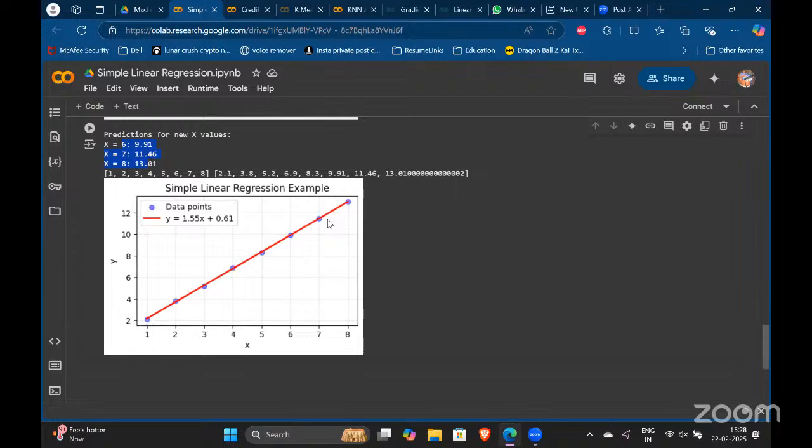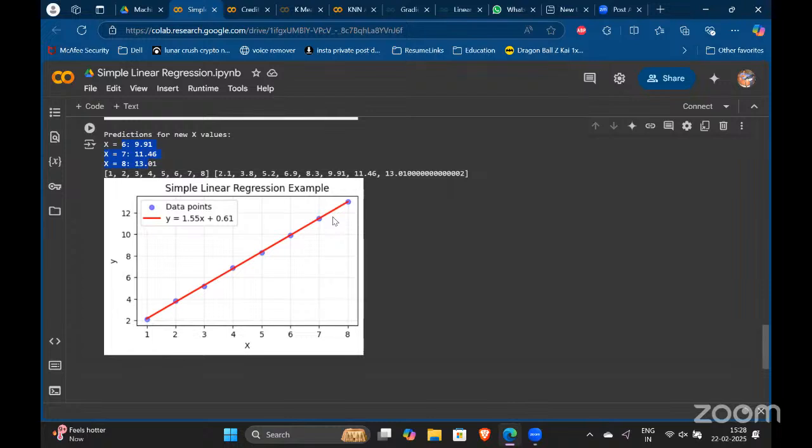Because we just substituted the values of x and got y, which is directly pointing on the line. The first 5 are the given values, and the last 3 points are completely predicted by the equation of the line. So that was the reason these are perfectly aligning with the line that we have drawn.